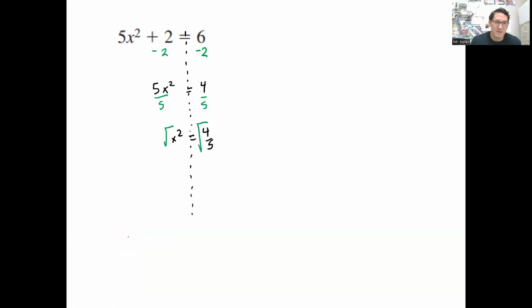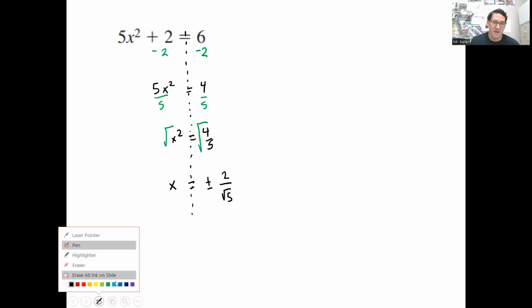Square root both sides. And so here, I get x is equal to plus or minus. I can take the square root of the top. The square root of 4 is 2, and the square root of 5 is just the square root of 5. We do want to rationalize the denominator. Again, check that last lesson.